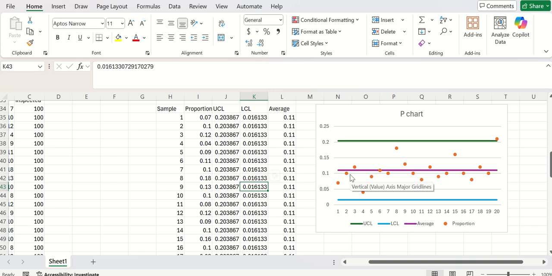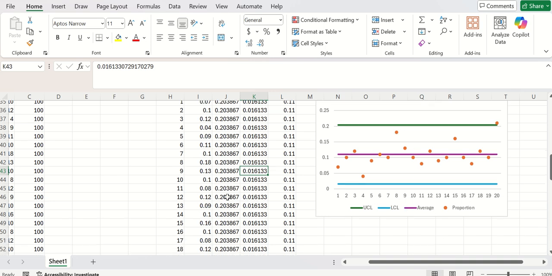So that means that we only have 1, 2, 3, 4, 5, 6, 7 that are above. In this case, we probably need to start looking at our process because we have more that are below, a negative bias in that case, than we have positive bias. It looks like the days where we have a positive bias, they seem to be further away from the mean.